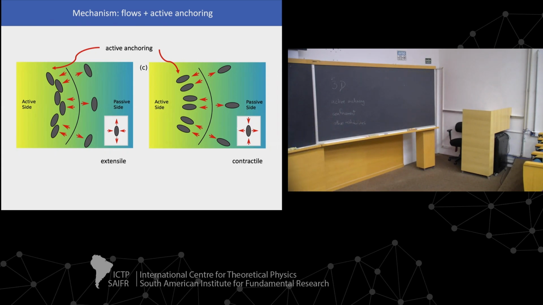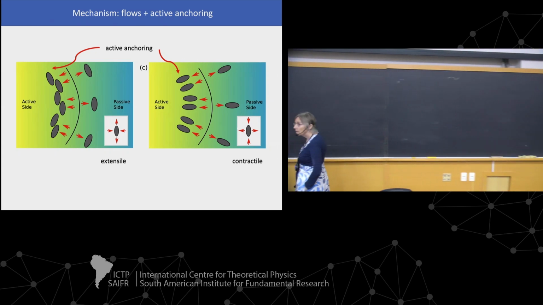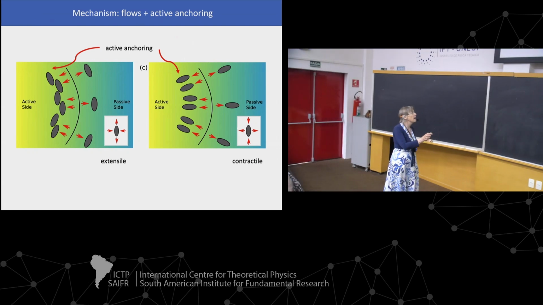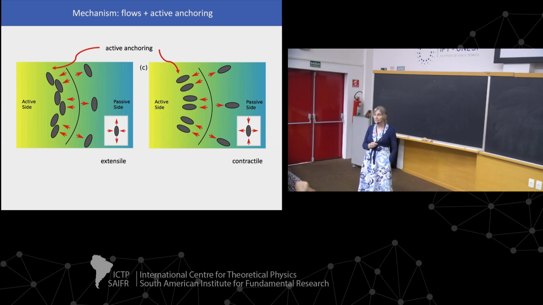And these things are extensile, and so the active anchoring says that they're going to line up like this. So these are my liquid crystal, my active particles, and they tend to line up parallel to the interface because it's an extensile system. And that's what active anchoring says.